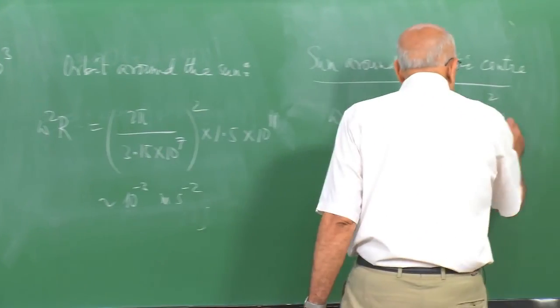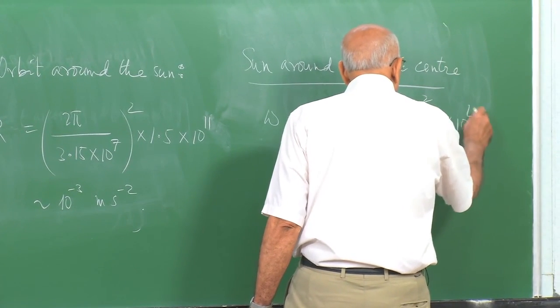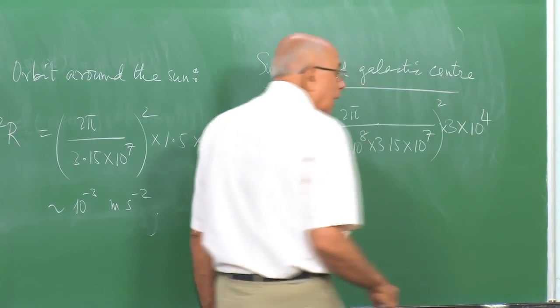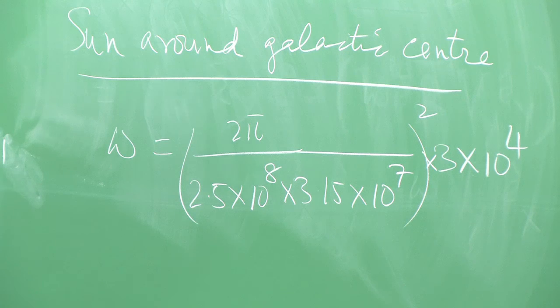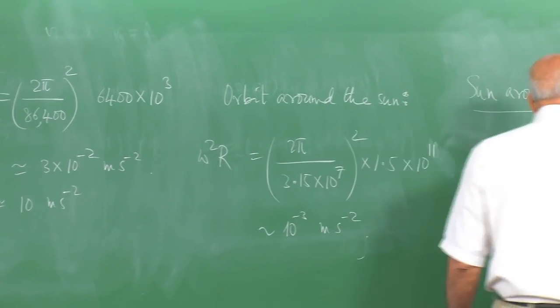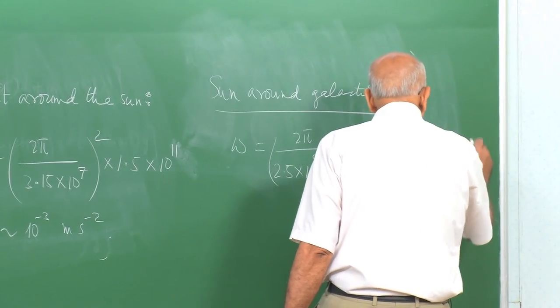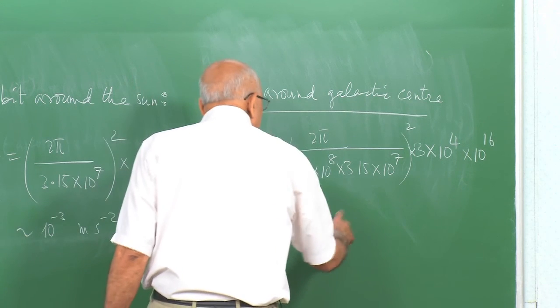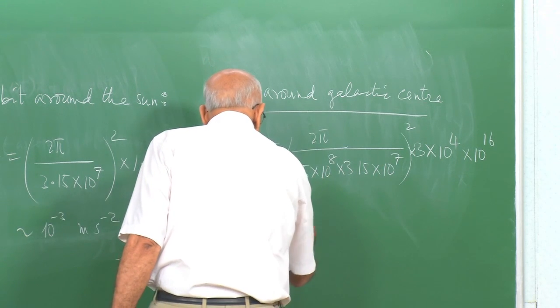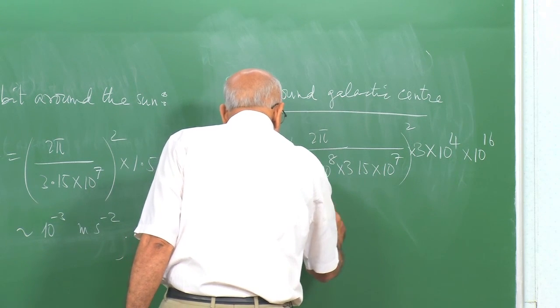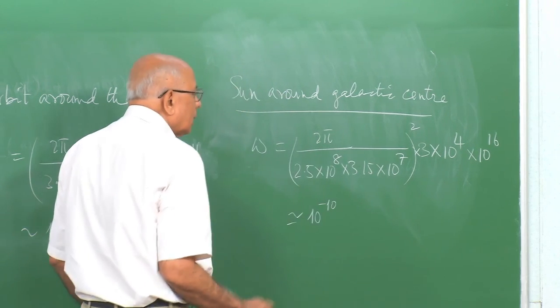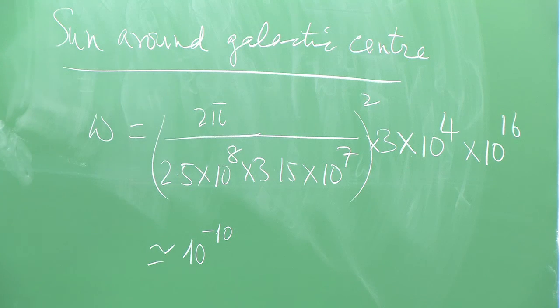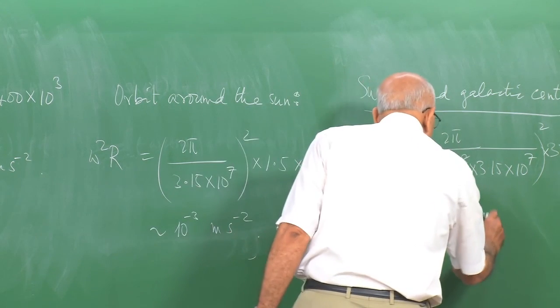So this is 3 times 10 to the 4 light years, and a light year is 10 to the 16 meters, so this is of the order of 10 to the 20 meters, and we need to compute this, and this of course immediately shows it is extremely small. This is of the order of 10 to the minus 10, 10 to the minus 9, 10 to the minus 10, etc. meters per second squared.